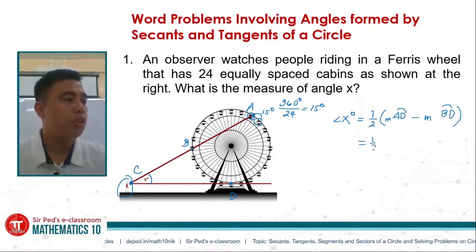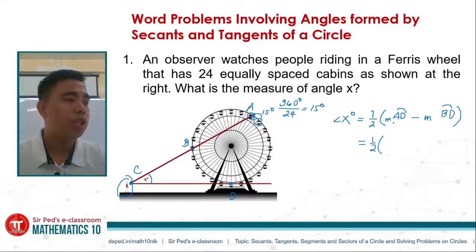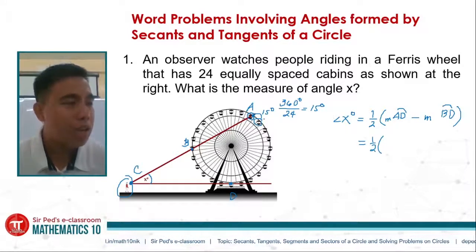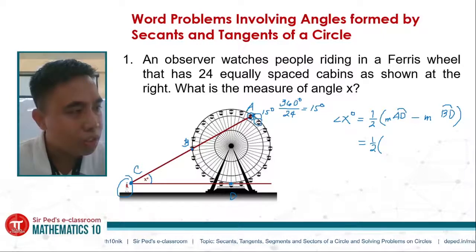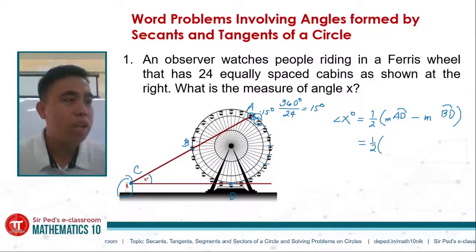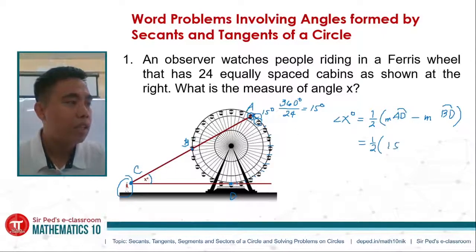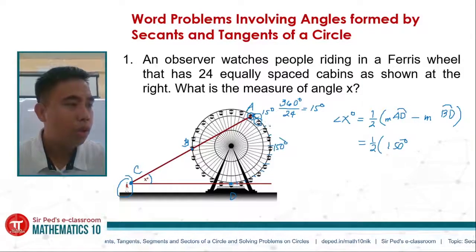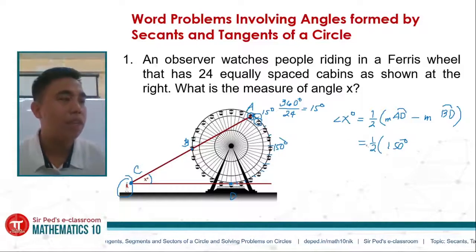Okay. So, 1/2 of, ano yung measure ni arc AD? Ilang cabins ba yan? So, yung space nila, 15, 1, 2, 3, 4, 5, 6, 7, 8, 9, 10. So, 10 times 15, that is equal to 150 degrees. So, ang degree measure niyan ay 150.